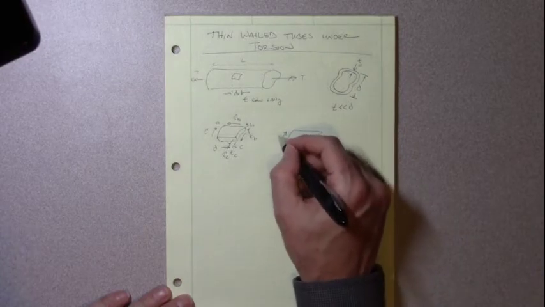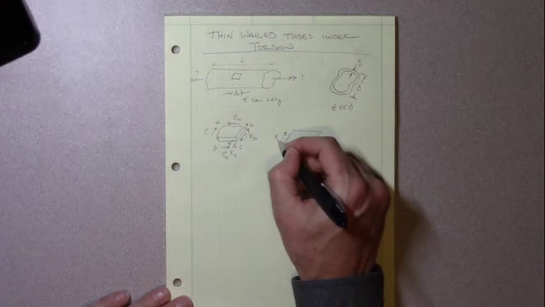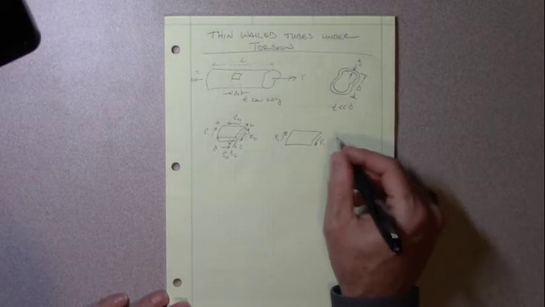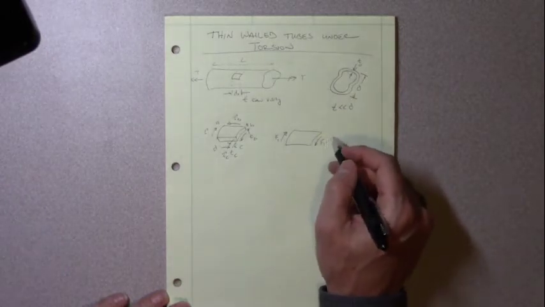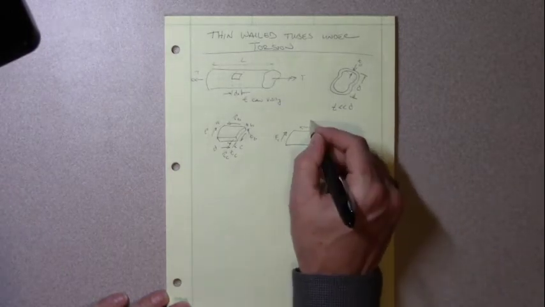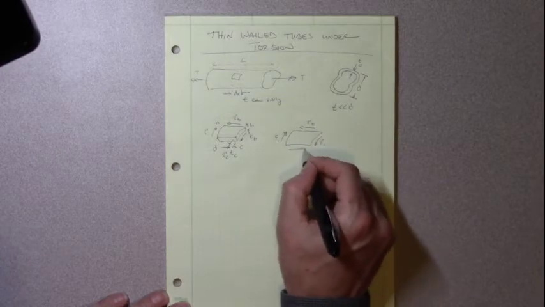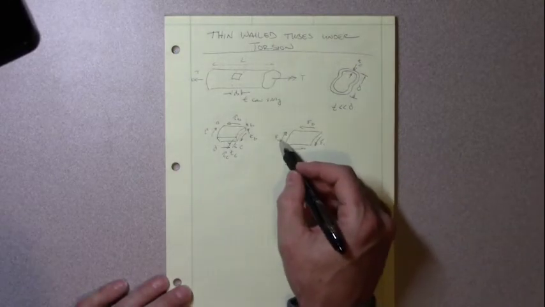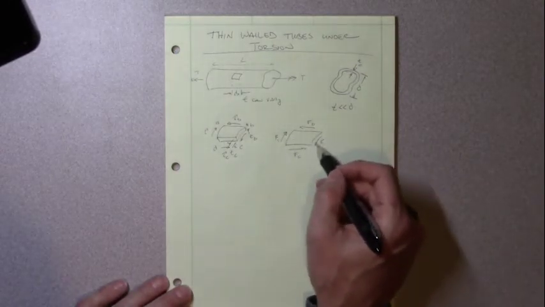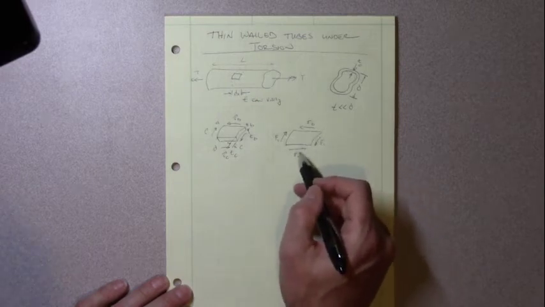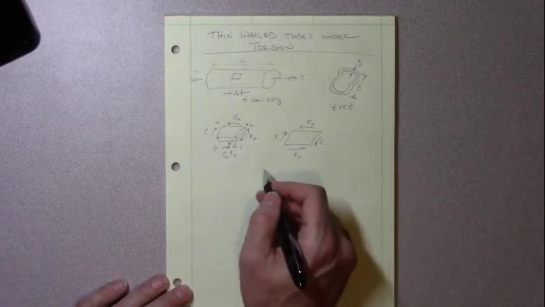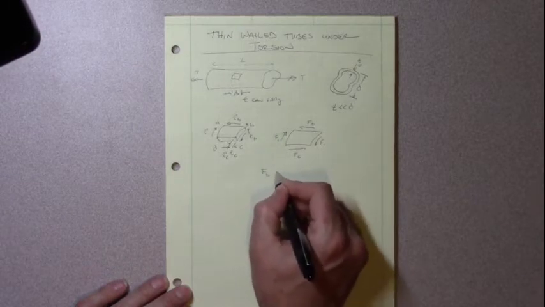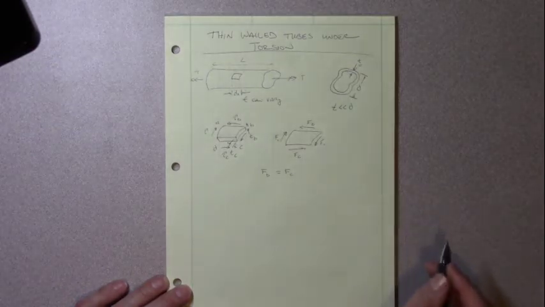So this tau really can be translated into a force, which we call F1. This one is F1. It's equal and opposite. And then we have our other two forces here, F_B and F_C. F1 is equal and opposite, so those are going to cancel out. And F_B and F_C are in opposite directions. So we know that F_B must be equal to F_C.